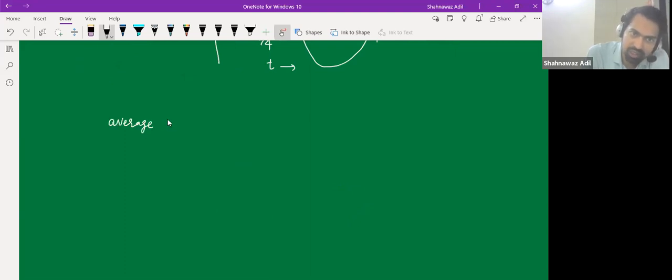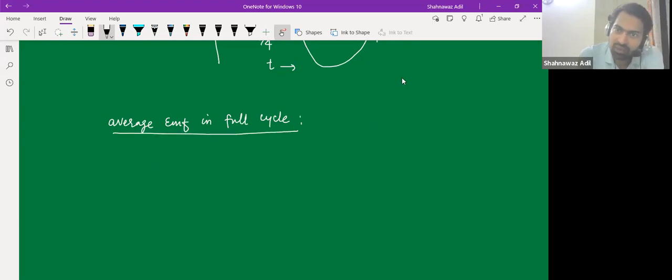When we calculate the average EMF in a full cycle, the average of anything, let's say y, which is some function of x, f(x), is represented by this notation, and this would be the integral of f(x) dx from 0 to x divided by total x.